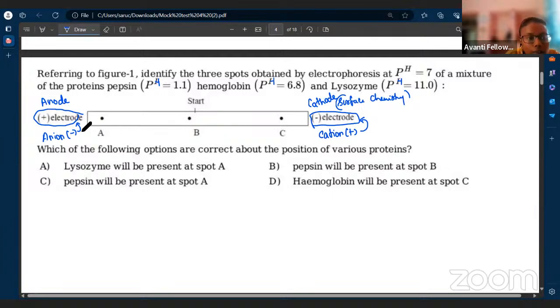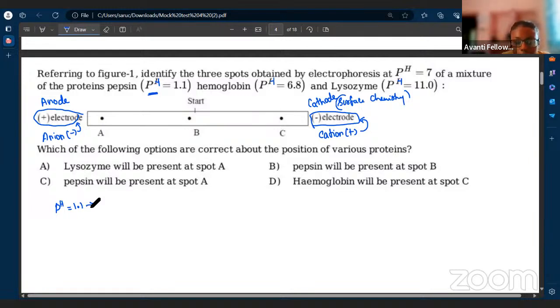Okay. Now, which of the following options are correct about the position of various protein molecules? They have given pH values, and using the pH value you have to identify. So now I'm moving with pH equal to 1.1. Is it in the acidic range or the basic range? Very good. It is in the acidic range.